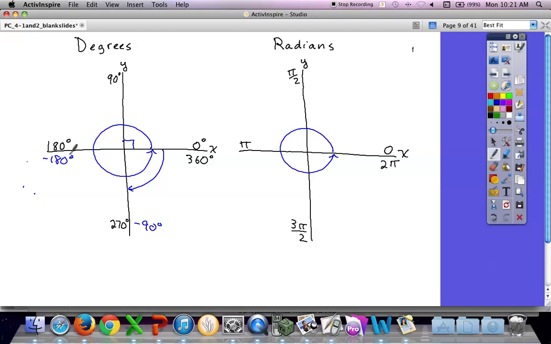What's the negative angle here? How about here? What's the negative angle that takes me to there? Negative pi over 2. That's positive pi over 2, that's negative pi over 2. What's the negative angle for 3 pi over 2?